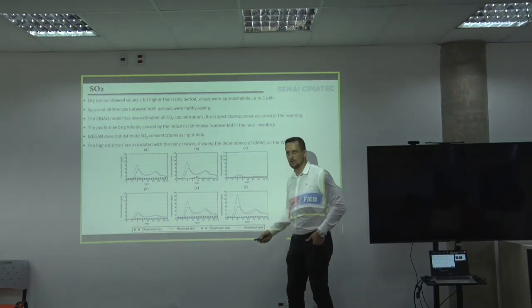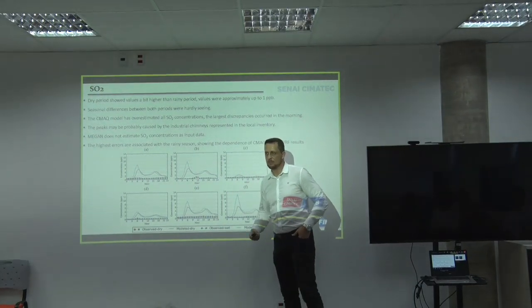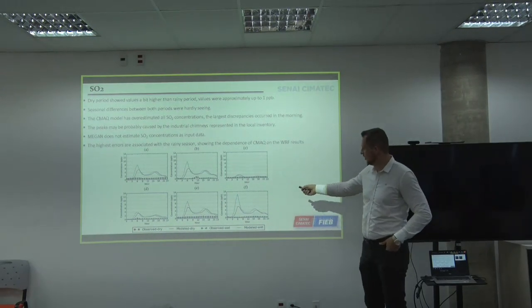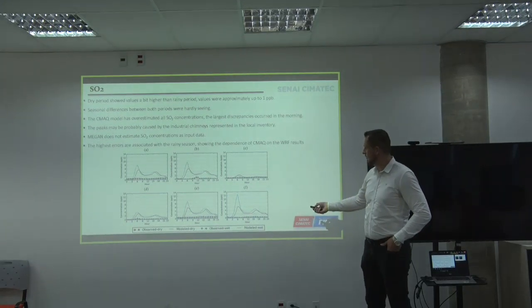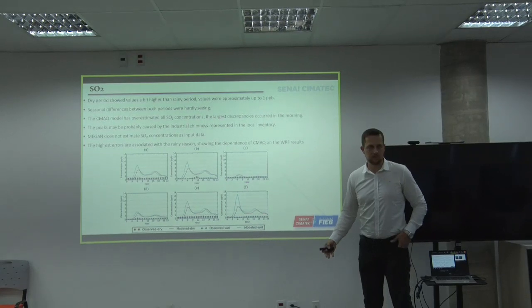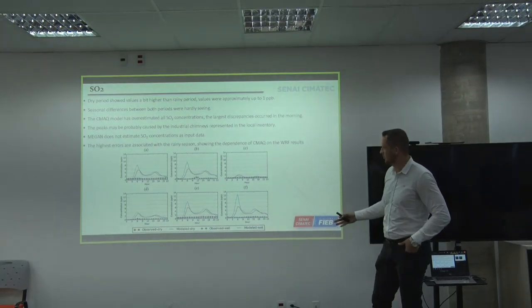So we must work on it to increase the ability of the model to simulate what is observed, by developing more information in the emissions inventory. That's our main mission right now.